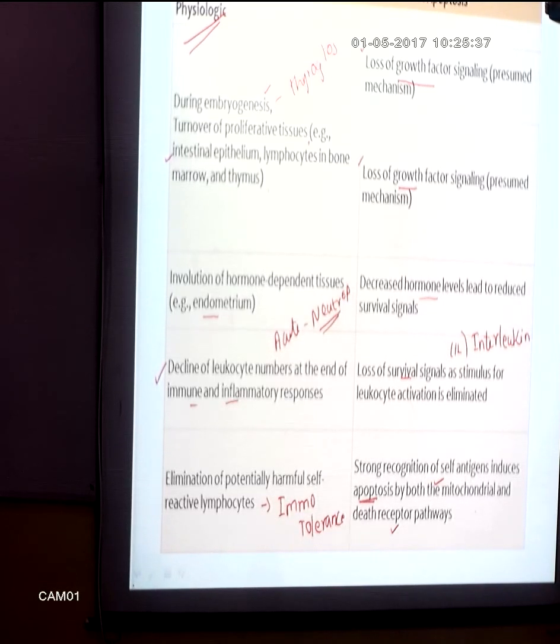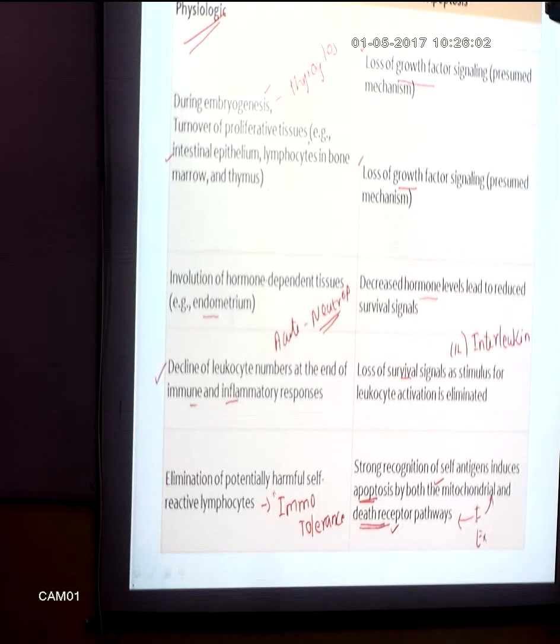If you go back to the phases of apoptosis, there is an initiator phase and an executioner phase. In the initiator phase, there is mitochondrial as well as death receptor. Previously it was presumed immunological tolerance is because of only death receptor. Now it is both mitochondrial as well as death receptor pathway.